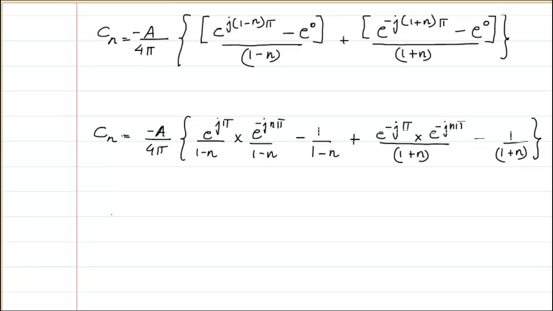Which again, cn is equal to minus a by 4 pi.